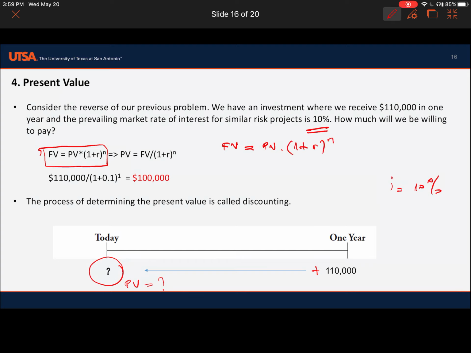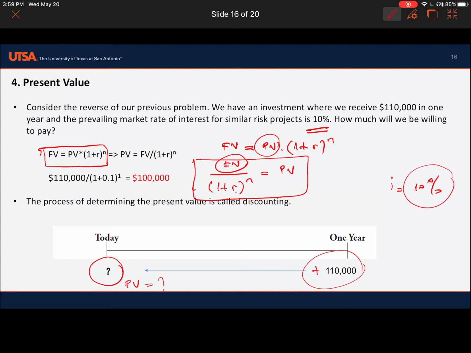We can find the present value by calculating future value divided by 1 plus interest rate to the n. Similar calculation: you have future value, which is 110,000, interest rate 10%, and you will find the present value is $100,000.